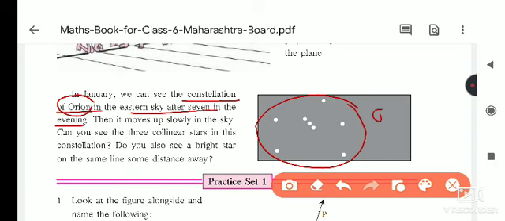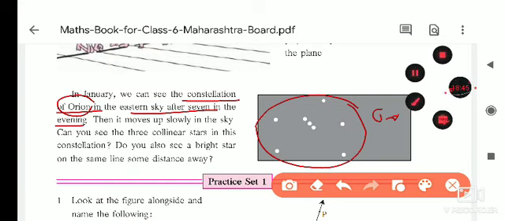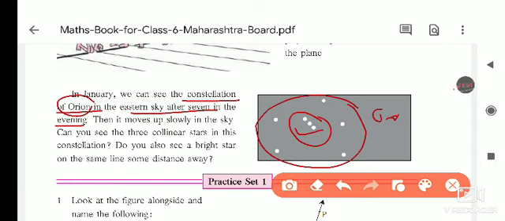This Orion constellation has some stars. How many stars are there? 1, 2, 3, 4, 5, 6, 7 and 8. Then it moves up slowly in the sky. Can you see 3 collinear stars in this constellation? You can see the 3 collinear stars, and these are the 3 collinear stars.